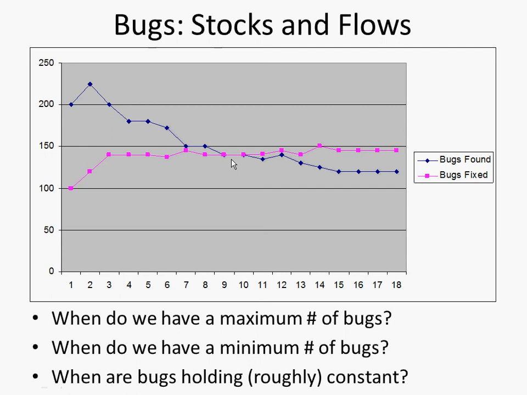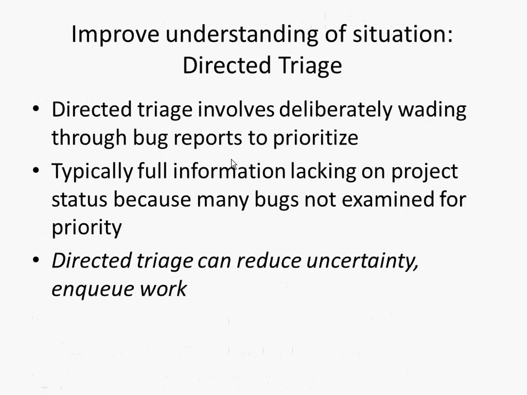Okay. Now, there's a process called directed triage, which is used consciously by the project manager together with the triage lead, and often with the council of following, and later they bring in the dev lead or test lead. They go through a process called directed triage. This process involves deliberately wading through the reported STIs to prioritize them.